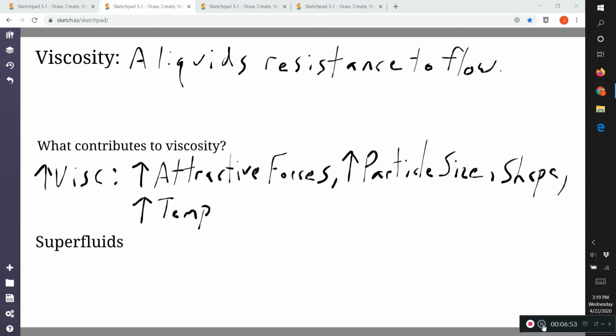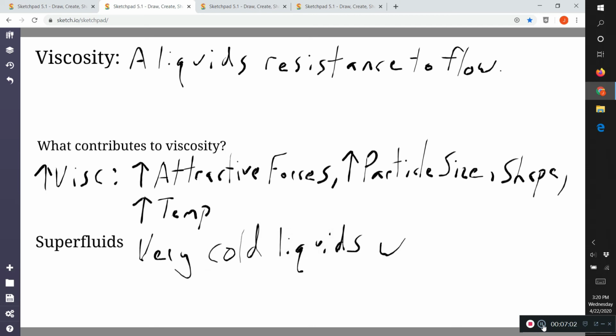So superfluids are usually very cold liquids with no viscosity. Now, notice I said liquid helium. They actually took something that's normally a gas and they cooled it down so much that it became a liquid, and that liquid had no viscosity because the particles were so small.